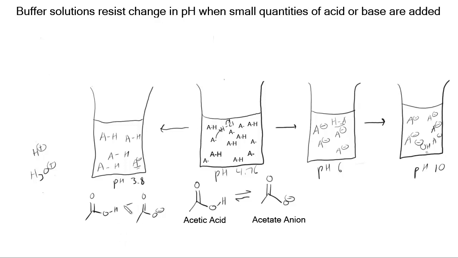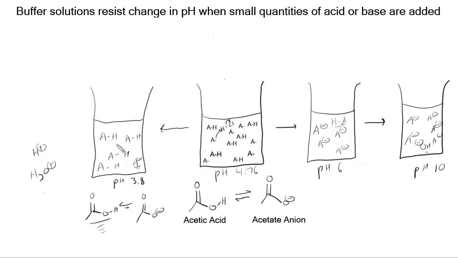Since we have so much more of the acetic acid, this can only resist change in pH if a base is added to the solution. However, this is actually a great solution to resist change in pH if we add a strong base to the solution because we have such a high concentration of our acetic acid in solution.